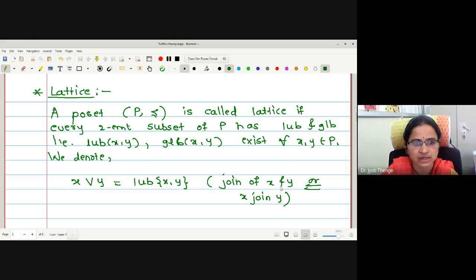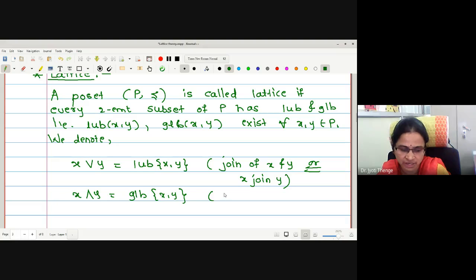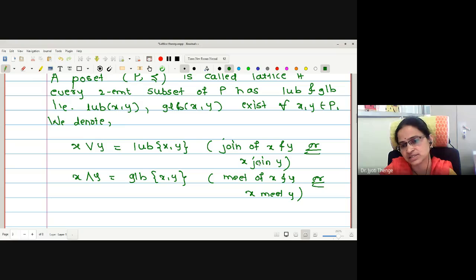Similarly, the second relation we denote with this symbol, and we call it x meet y. This is the greatest lower bound between the two elements x and y, and we read it as meet of x and y, or x meet y. I prefer the second way to read it, that is x join y and x meet y.